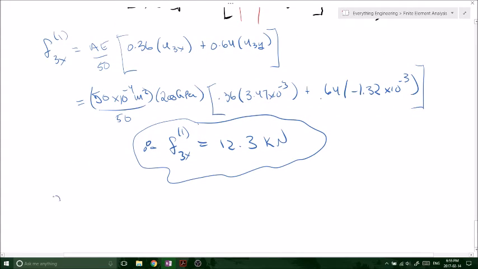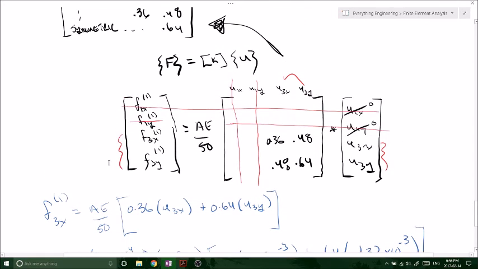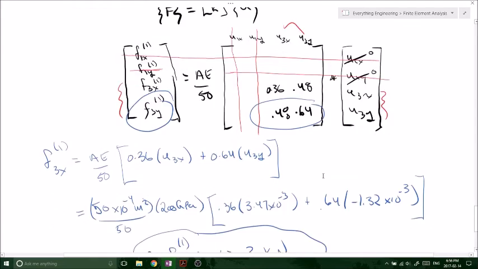All right, so that's the first component that we need to deal with, okay? And now F3 of y, now we're looking at the y direction, first member, so we're looking at this row, and then we're still multiplying by our displacement vector.